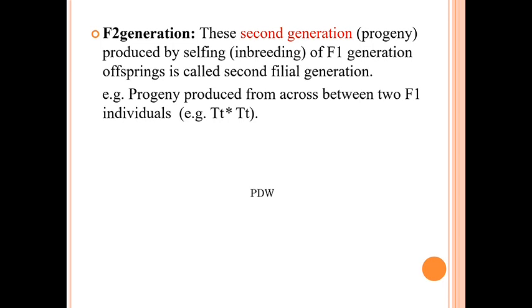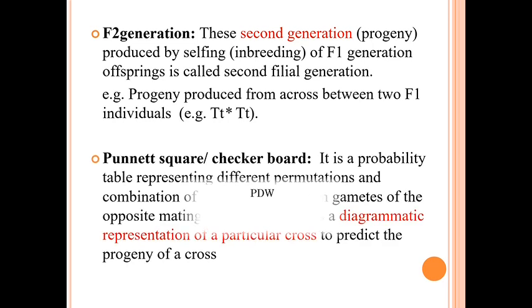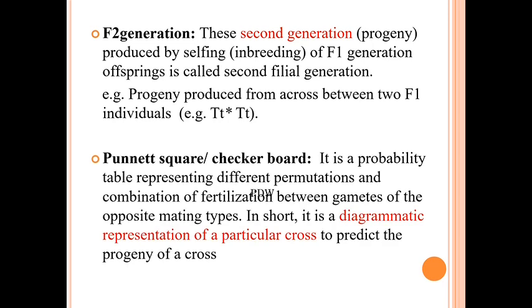For example, it is the progeny produced from two F1 individuals, capital T small t crossed with capital T small t.